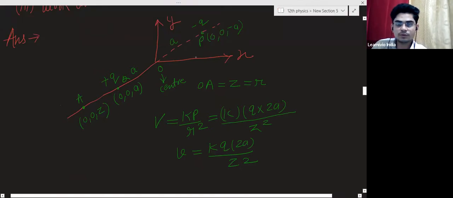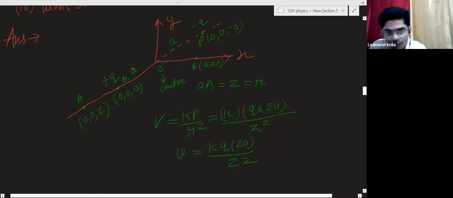So point P is a comma 0 comma 0. And remember, the point A will lie on the x-axis because other coordinates of this point are 0. So this point is lying on x-axis, and this is our dipole.